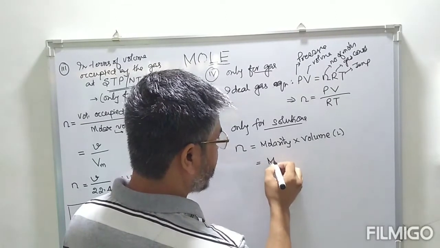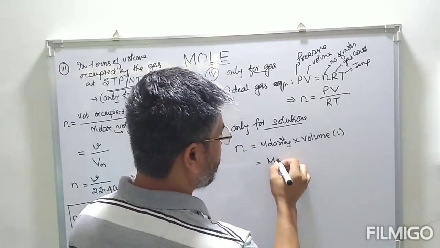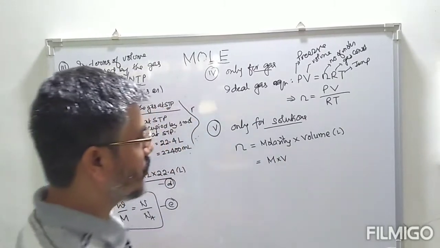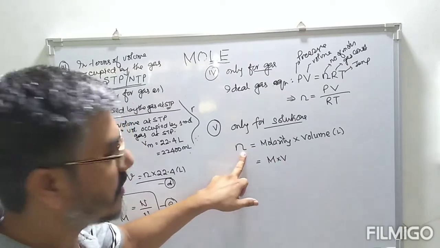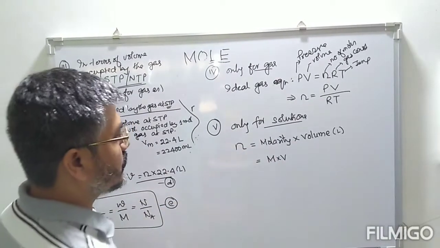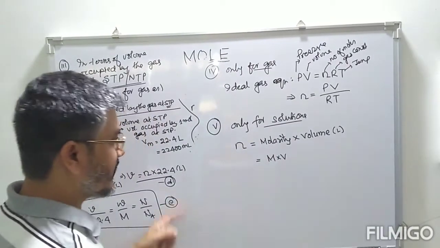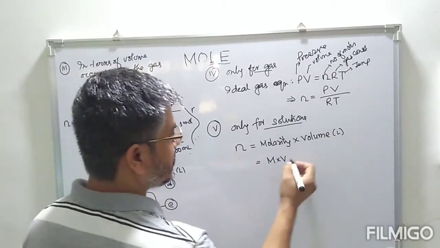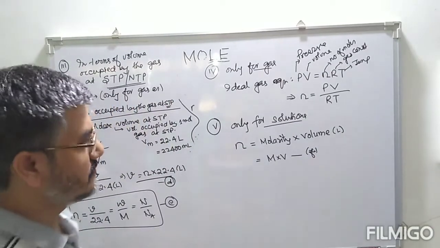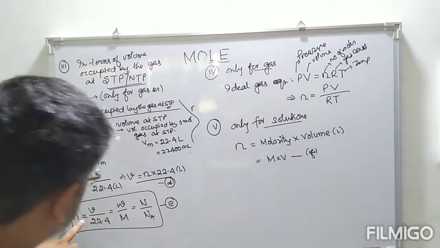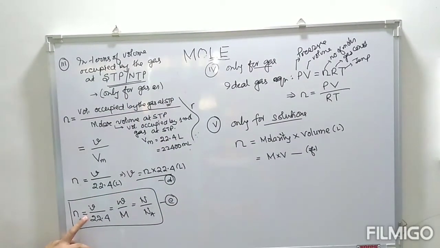Molarity we represent by capital M, volume by V. So molarity into volume gives you the number of moles. Therefore, combining all these equations, if volume is given, we have this ratio.